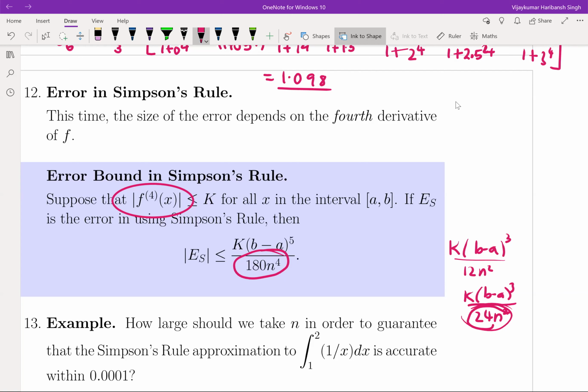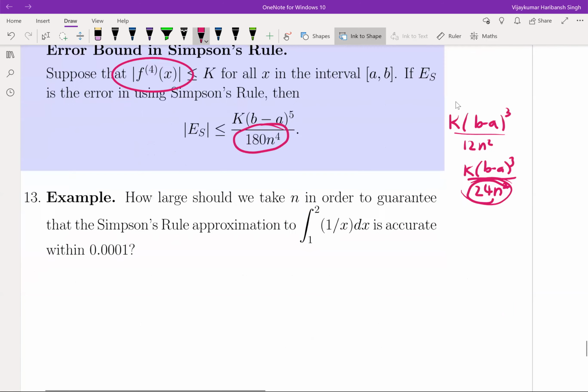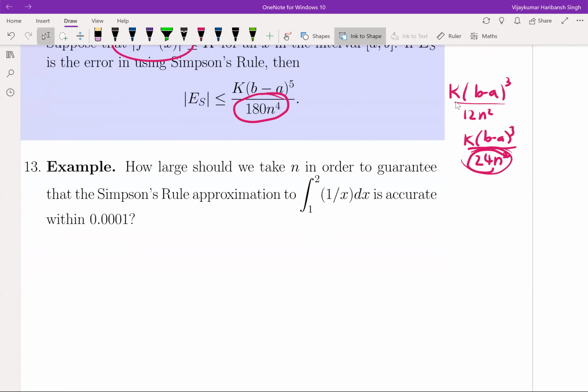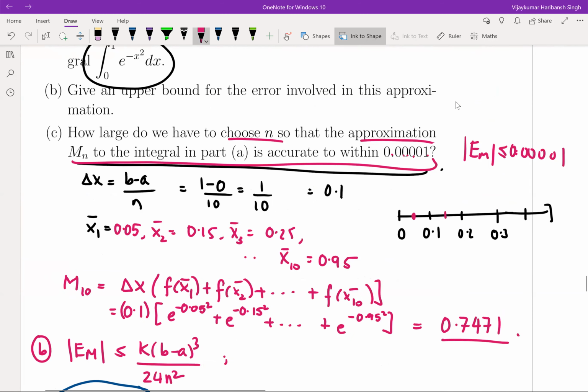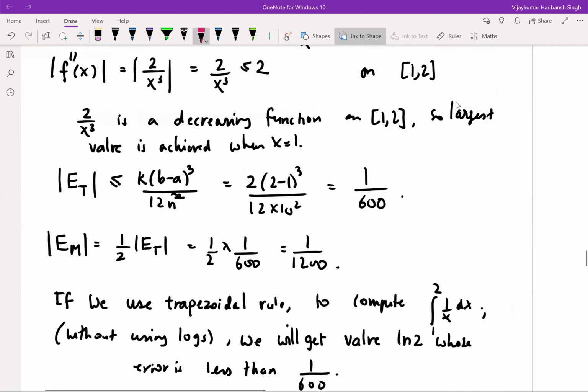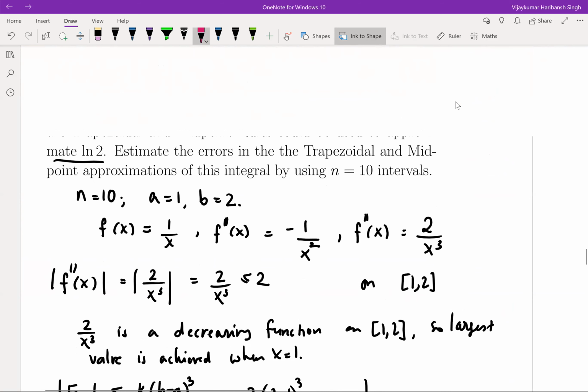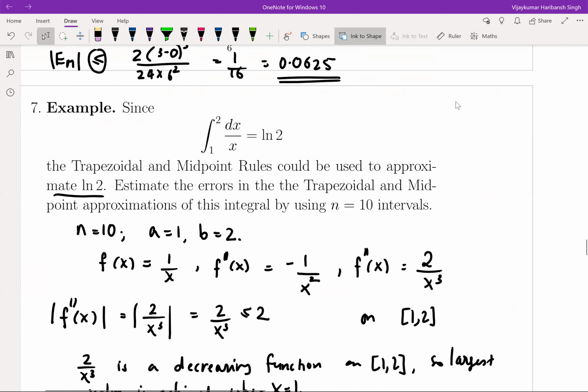So let's deal with this problem now. How large should we take n in order to guarantee that this Simpson's rule is accurate within 0.001? Have we done this problem, similar problem? We have done a similar problem when we used the trapezoid rule and the midpoint rule.